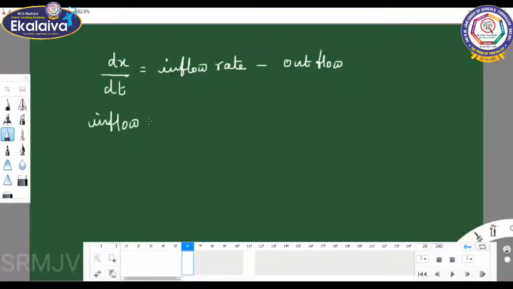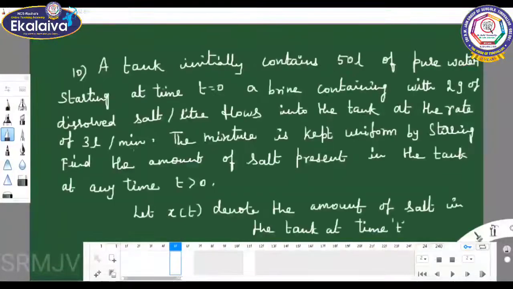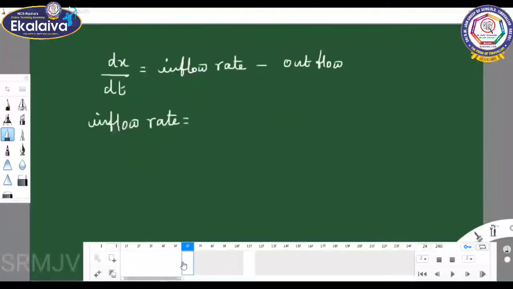Inflow rate equal to 2 grams of dissolved salt in 3 liter per minute. So inflow equal to 2 into 3, equal to 6.